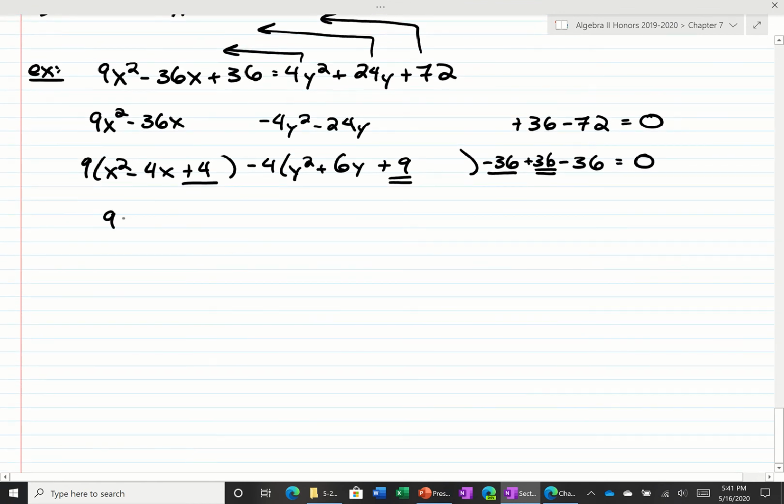Let's clean things up. This would be 9 times x minus 2 squared minus 4 times y plus 3 squared. And if we bring these numbers on the other side, these are going to cancel, and you'll just get 36. Well, we want to have it equal to 1, so let's divide everything by 36.